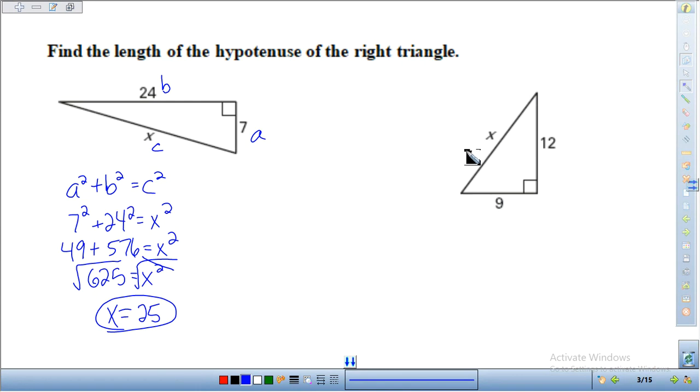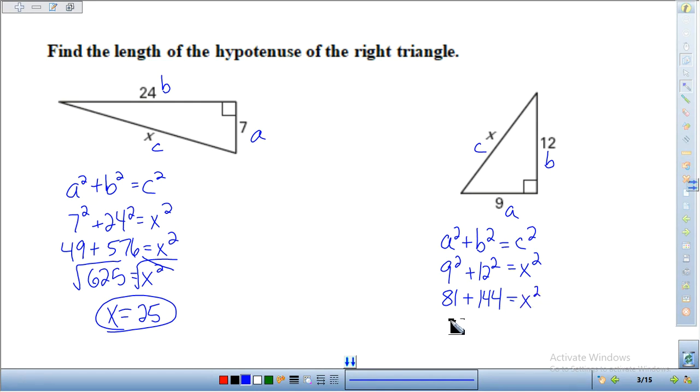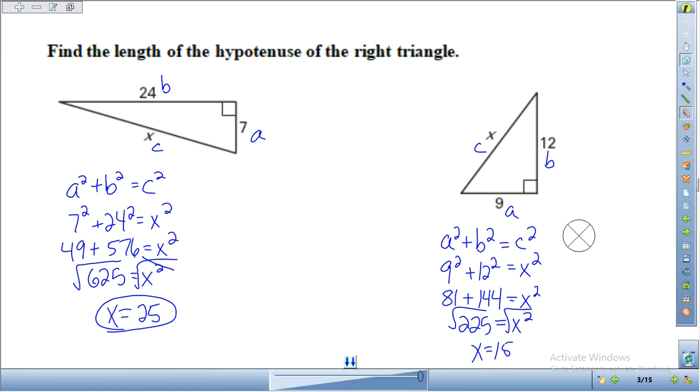For the next example, again, we know that x is going to be our c, since that's opposite our right angle. We can label a and b for our other two legs, and once again just plug into our formula and solve.